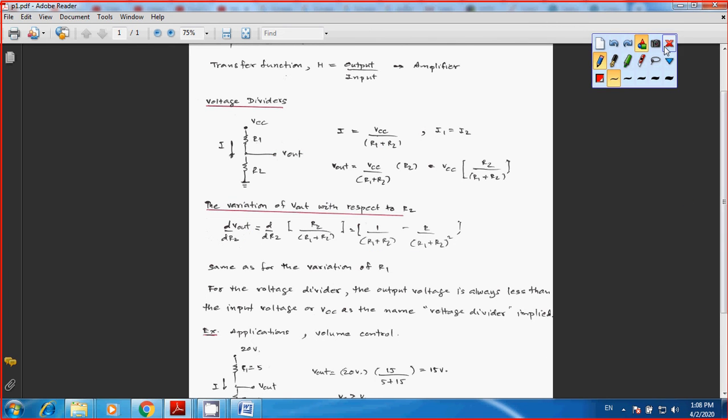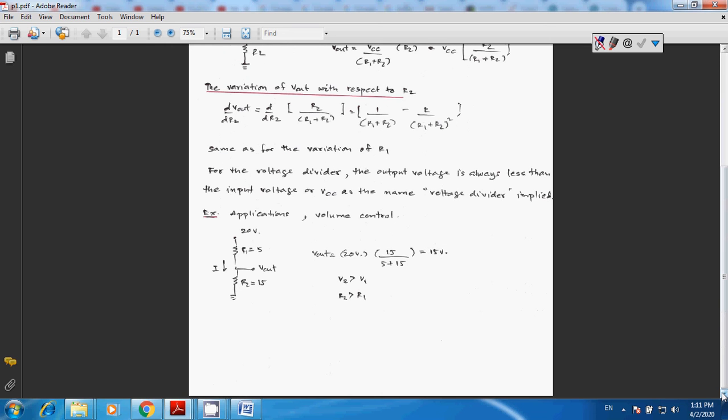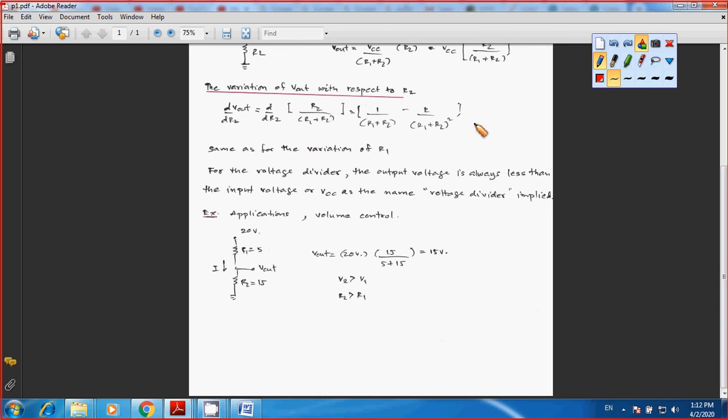So let's take a look at some example here. If I have a V input to be 20 volts, and you have 2 resistors connected in series. One is 5 ohms and the other one is 15 ohms. So you are looking for your output voltage.